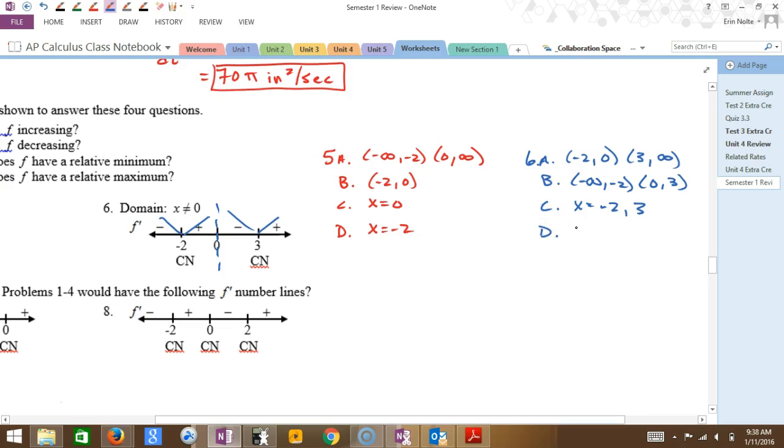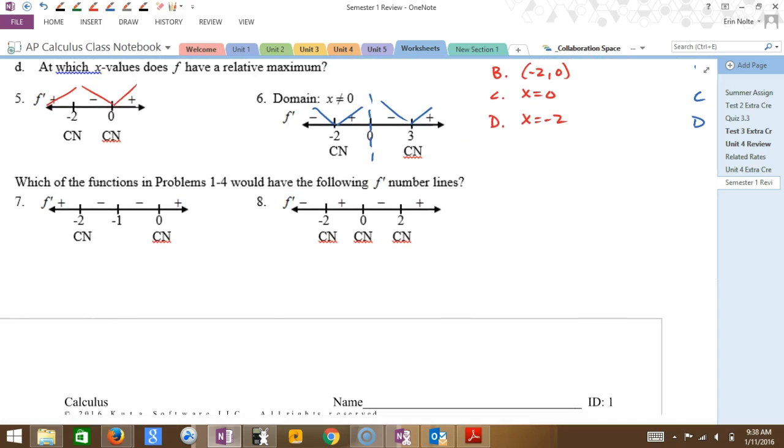Maximum: what do we say? Doesn't exist. I would just say none, or does not exist would be absolutely fine. Okay, so which of the functions in 1 through 4 would have the following number line?